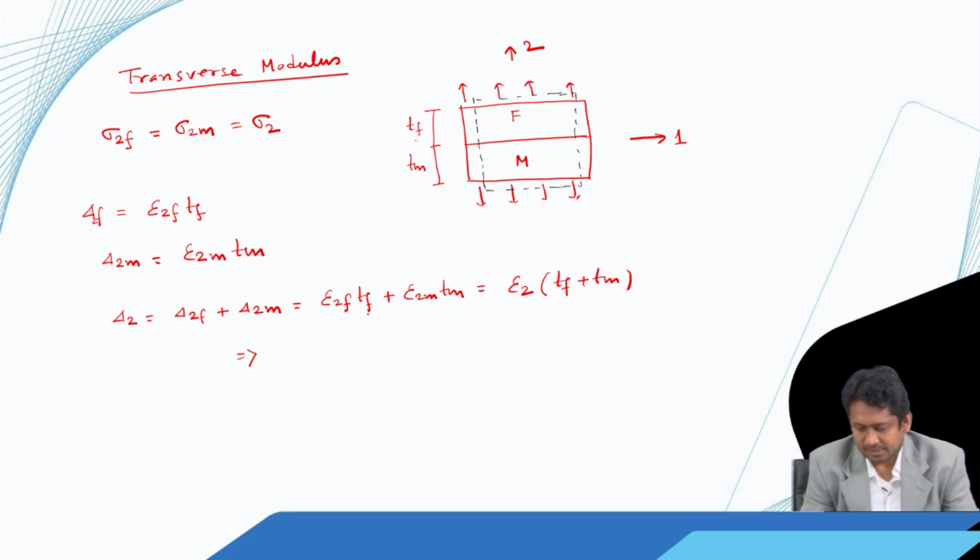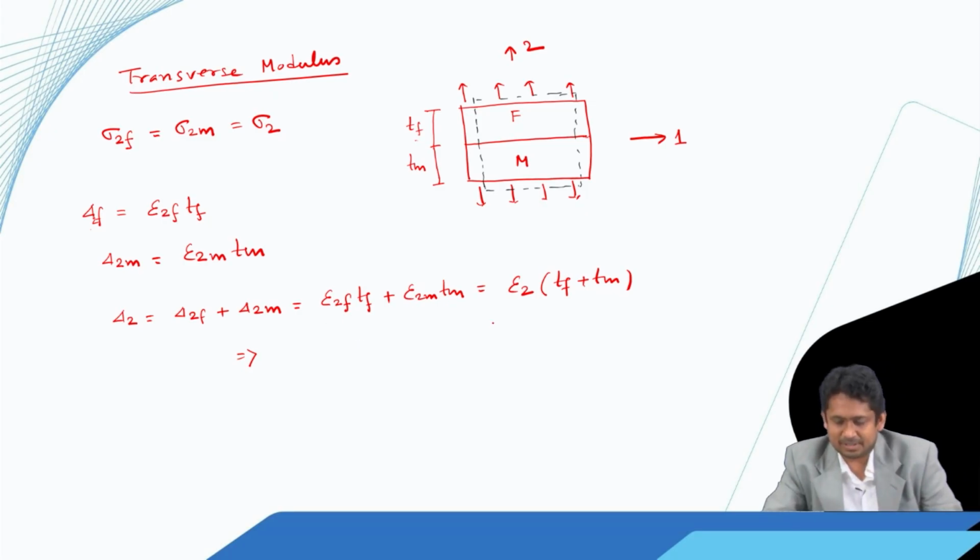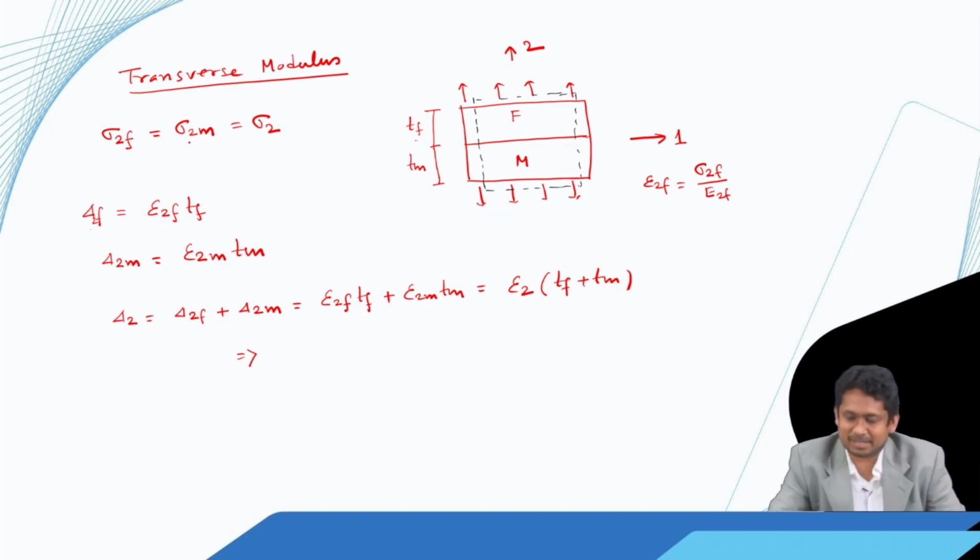Now, this epsilon 2 f, that means normal strain along direction 2 for fiber, can be written as sigma 2 f divided by E 2 f, where sigma 2 f and sigma 2 m are the same, and that is equal to a quantity sigma 2, and E 2 f is the elastic modulus of the fiber along direction 2.